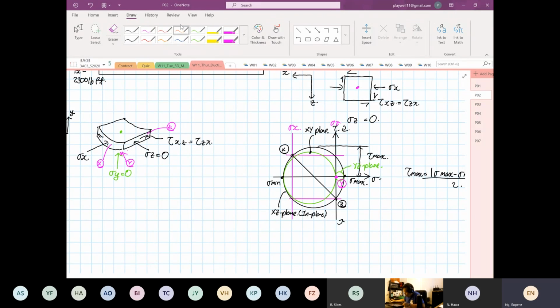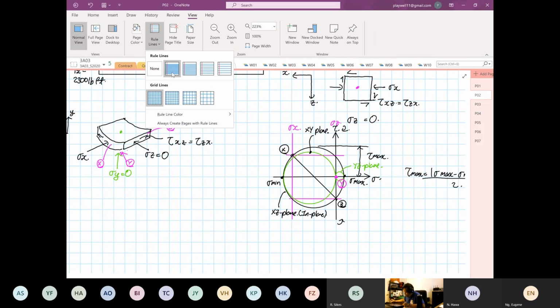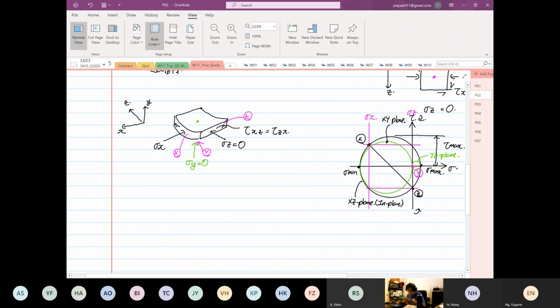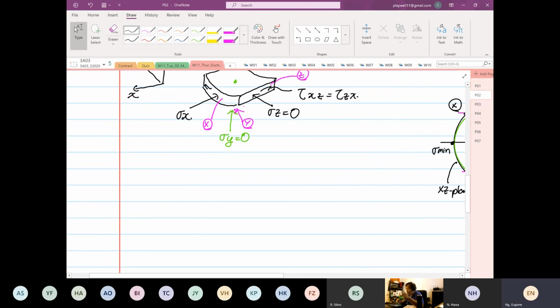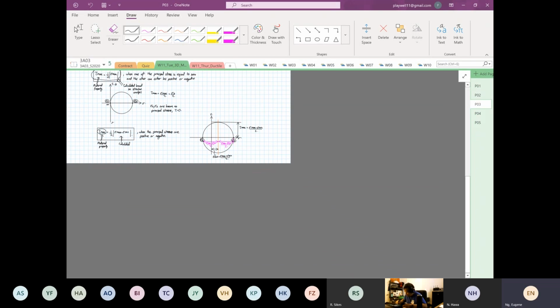So we come back here. Due to axial loading, again we are trying to find the diameter. Okay, let me check. Hold on. Yep.